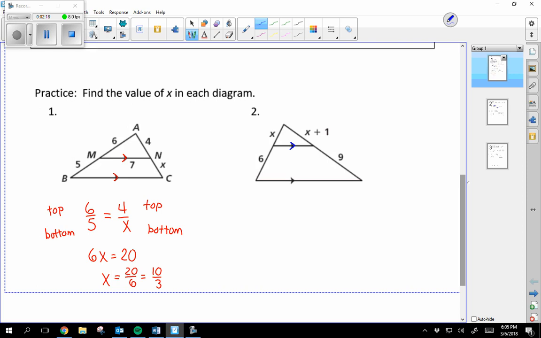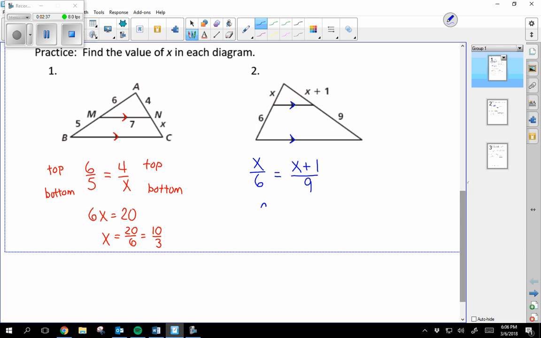In number 2, once again, I take note of those arrows. Those arrows telling me that those segments are parallel allows me to write x to 6, which again is comparing the top of the left to the bottom of the left, and then x plus 1 to 9, top to bottom. To solve this, we will just cross multiply again.